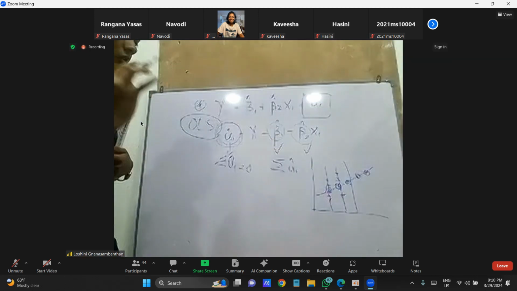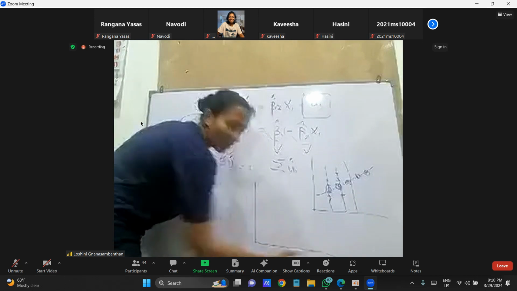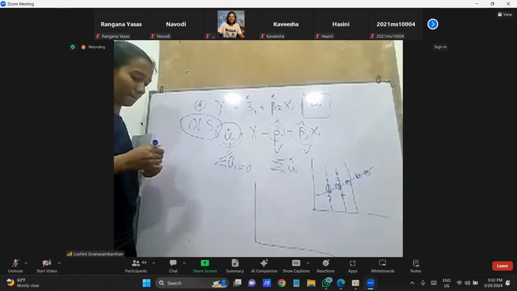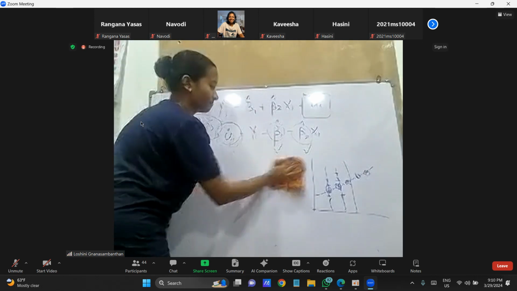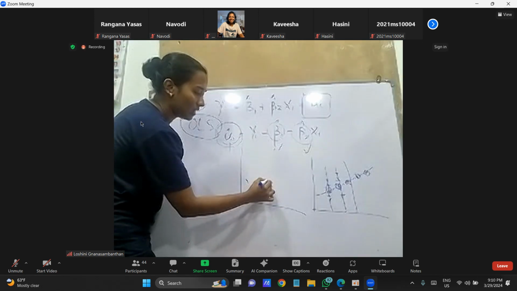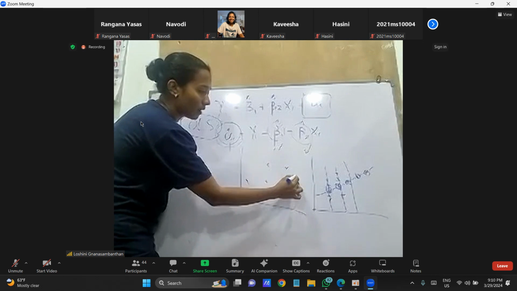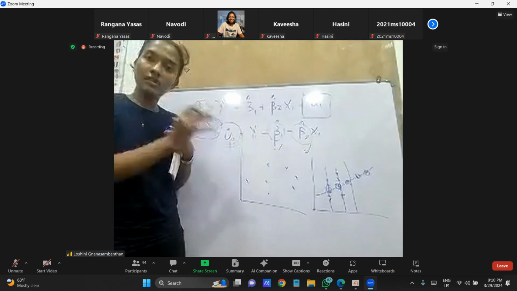So we are going to set this in a way. I draw another one. We are going to find the line which will reduce the distance of the errors to it.